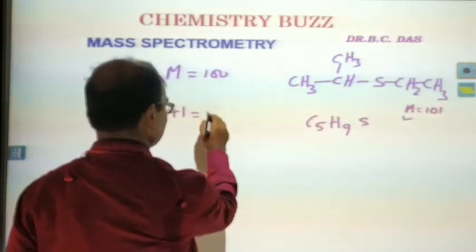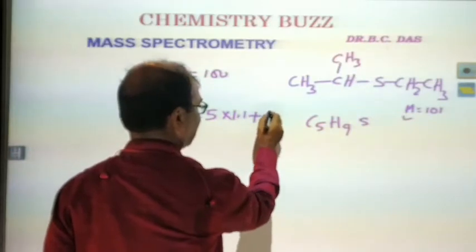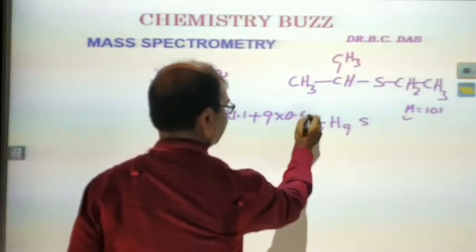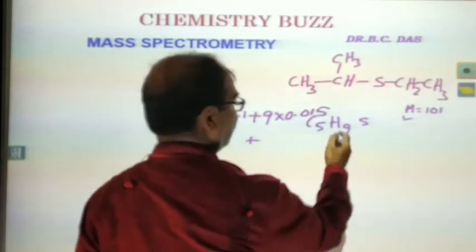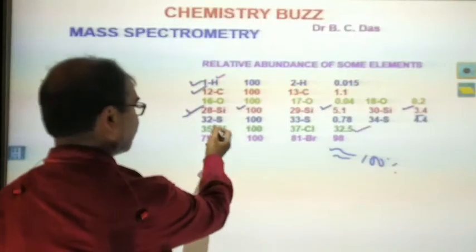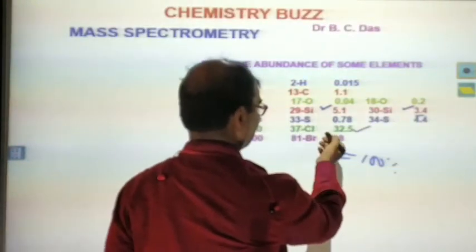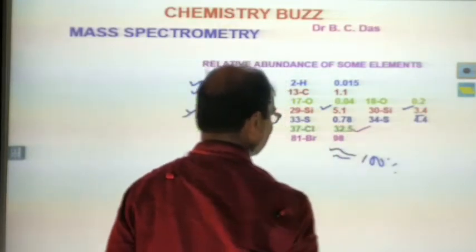So for the m plus 1 value, there are how many carbon atoms? 5 carbon atoms into 1.1 plus 9 into 0.015 plus sulfur. Sulfur m plus 1 value is 0.78.